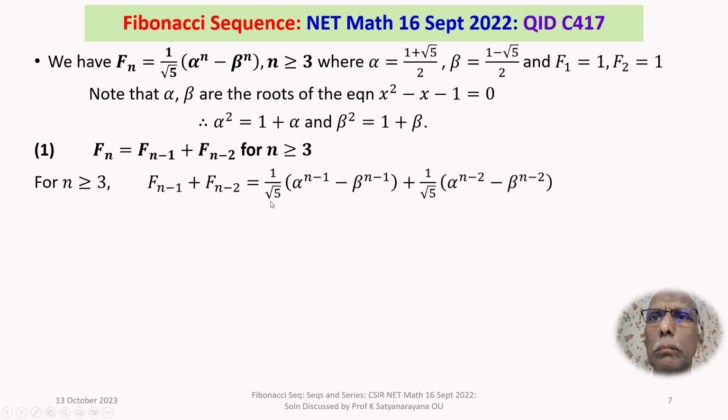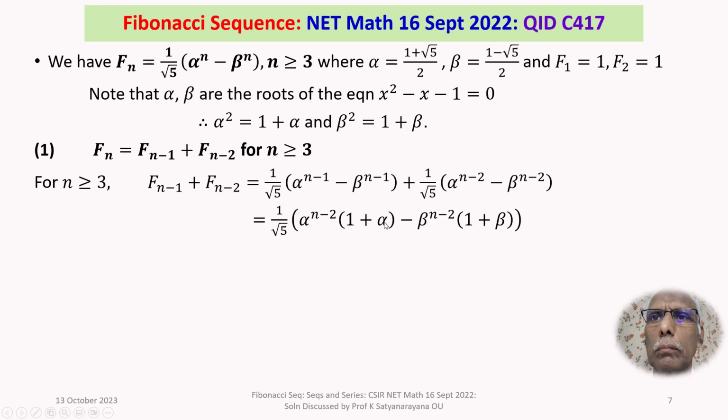Fn minus 1 will be 1 by root 5 (alpha power n minus 1 minus beta power n minus 1), plus Fn minus 2 is 1 by root 5 (alpha to the power of n minus 2 minus beta to the power of n minus 2). Now between alpha power n minus 1 and alpha to the power of n minus 2, alpha to the power of n minus 2 is common. So if you take alpha power n minus 2 common, then you will get 1 from here and alpha from here.